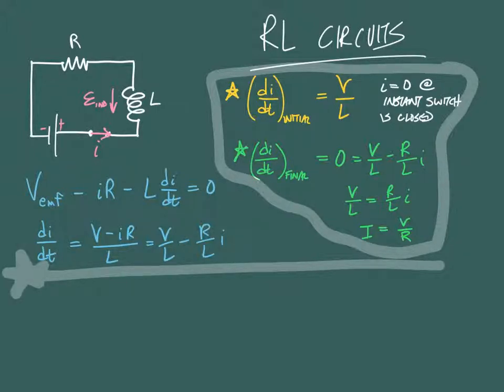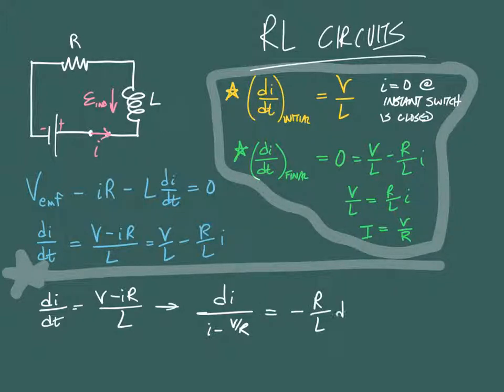All right, so continuing on. So di dt is V minus R per L. That's going to take me to, if I rearrange stuff, now I skipped a few steps because it's algebra, all right? You want to work it out later? Work it out, okay?